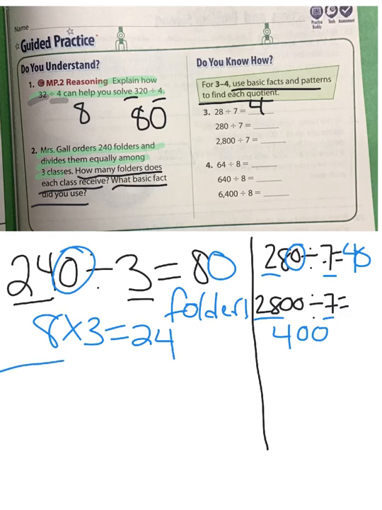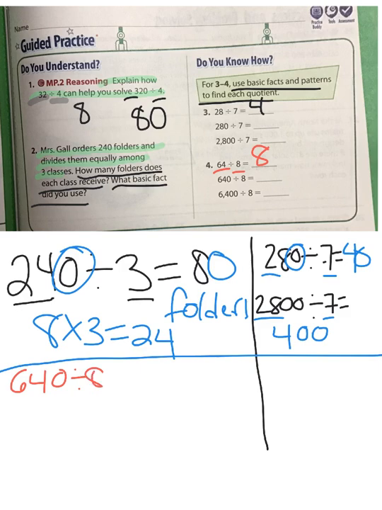Number 4. I'm going to just put it down here. We have 64 divided by 8. So think to yourself, what times 8 equals 64? Well, your answer would be 8. Now we have 640 divided by 8.